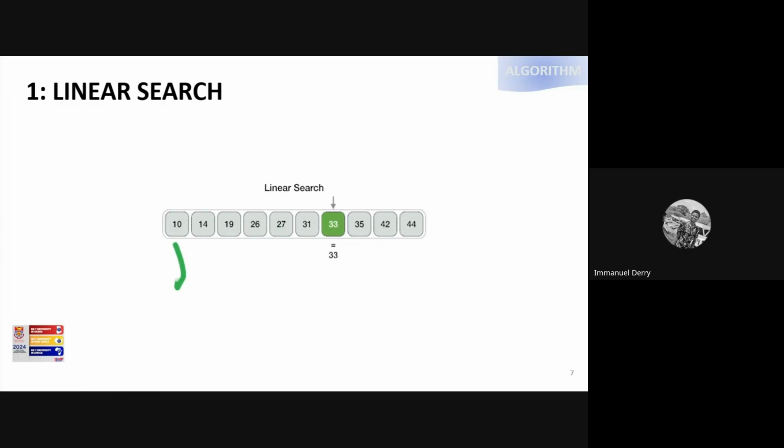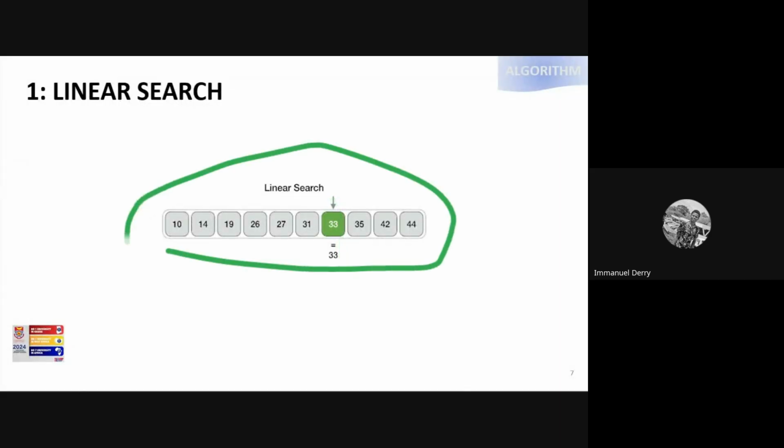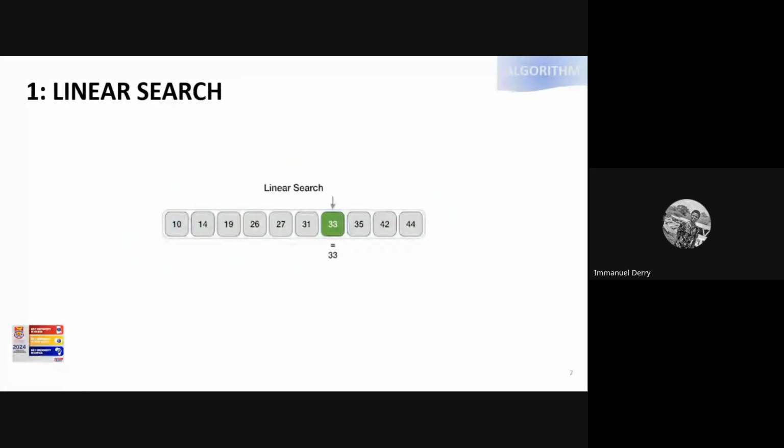Is 10 equal to 33? If that is not the case, we move on to the next, 14. We do that until we get to 33, and then this value is equal to the item we are looking for, and then we exit. So this becomes our output, and these numbers become our input to the linear search algorithm, right?